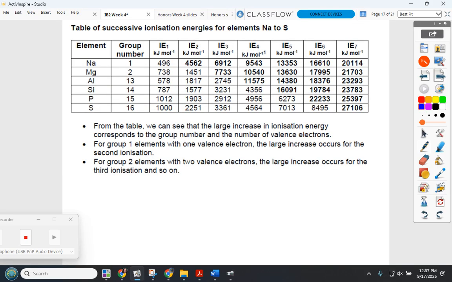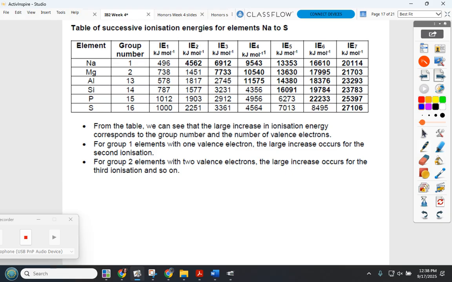So you can see this in graphical form, but you can also see it in a table of numbers, and you might see either one or both on an exam, okay? So this is just showing us elements in period 3 going from sodium to sulfur, okay?